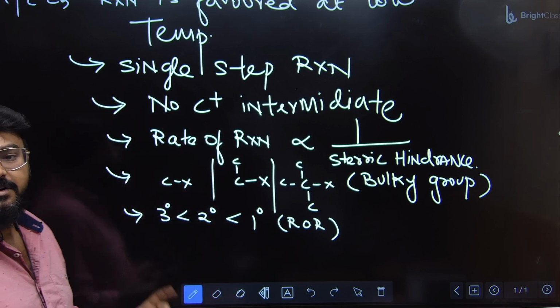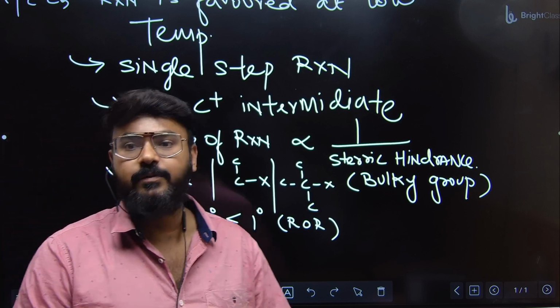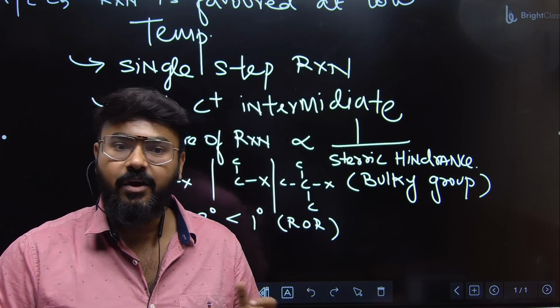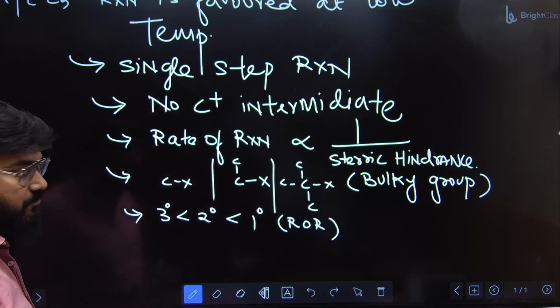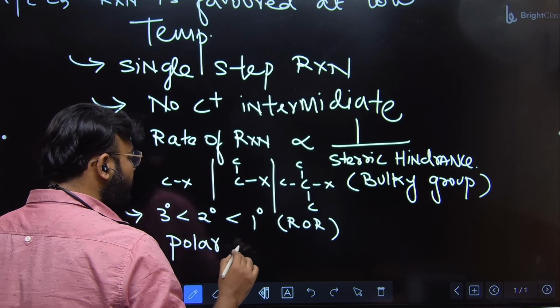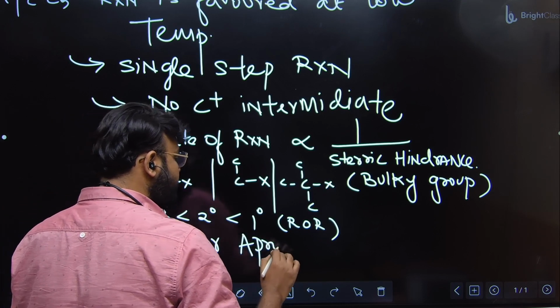Now in SN1, we used polar protic solvent, which was breaking the bond and capturing the nucleophile. Here, just polar, not protic. So here we use polar aprotic solvent.